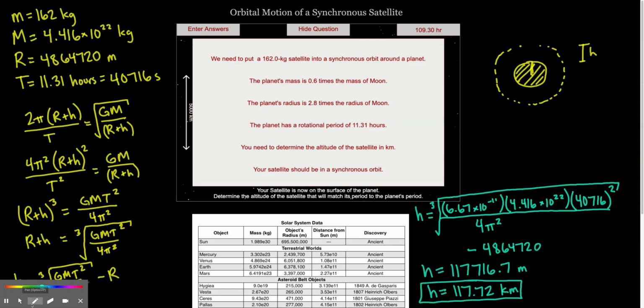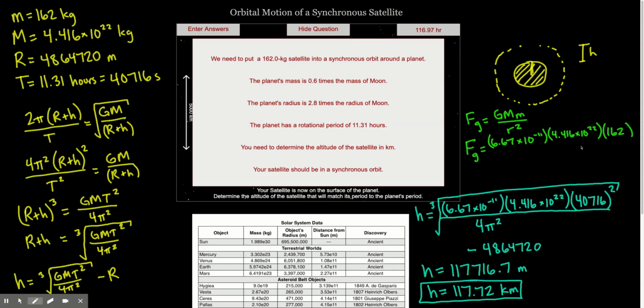They also, in this little calculation, want us to calculate the force of gravity at that point. Force of gravity is G m m over r squared. So 6.67 times 10 to the minus 11 times the mass of the planet, which is 4.416 times 10 to the 22nd, times little m, which is 162 kilograms.